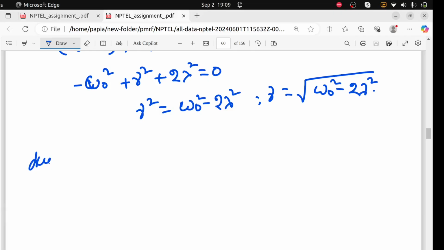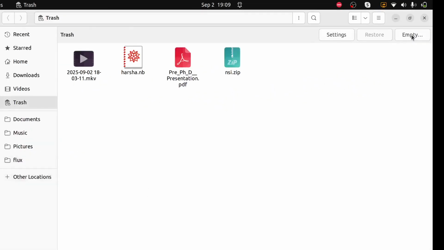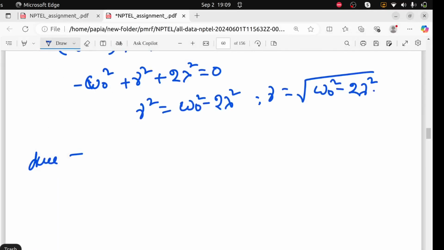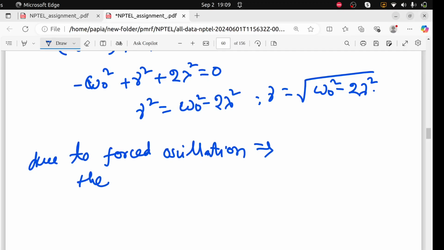So due to forced oscillation, the mechanical energy increases, right?